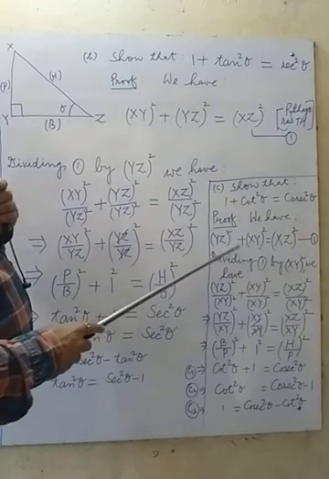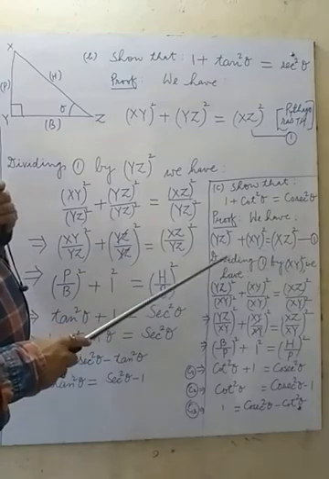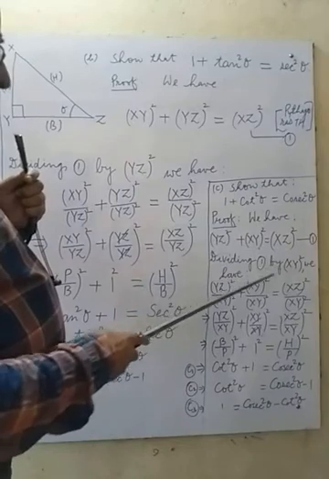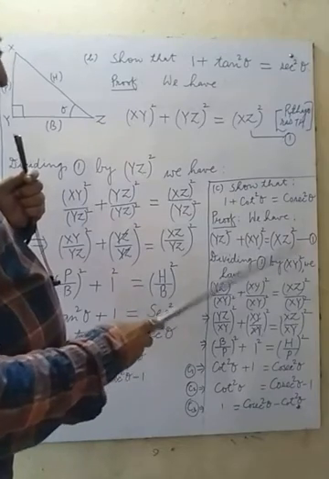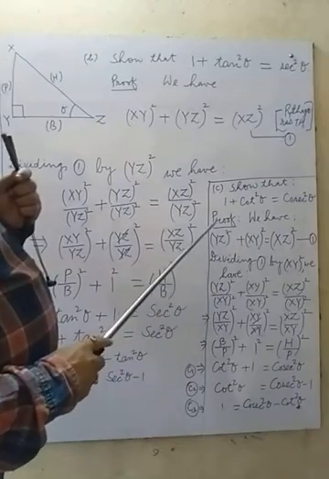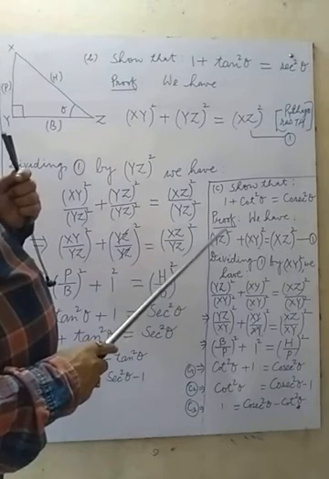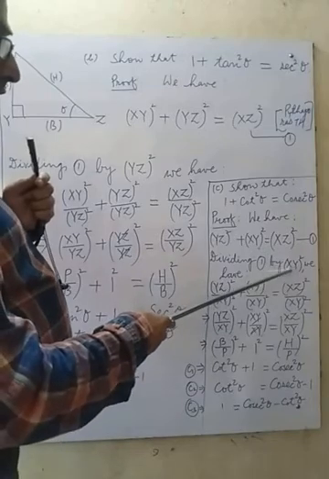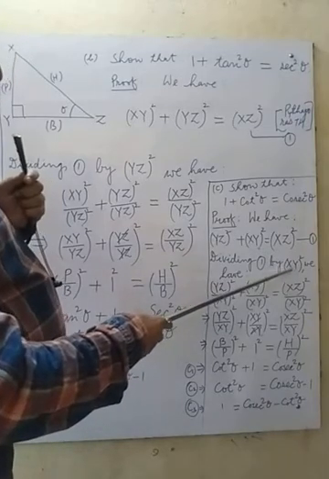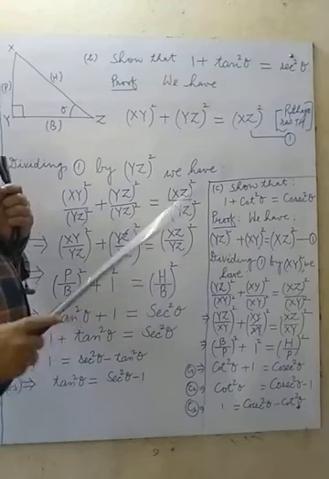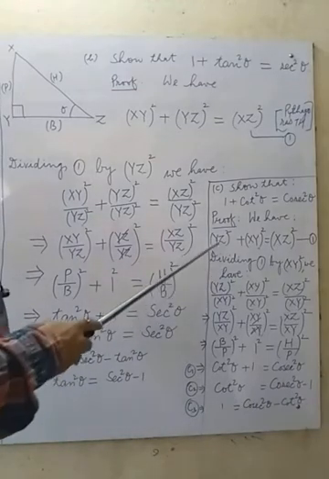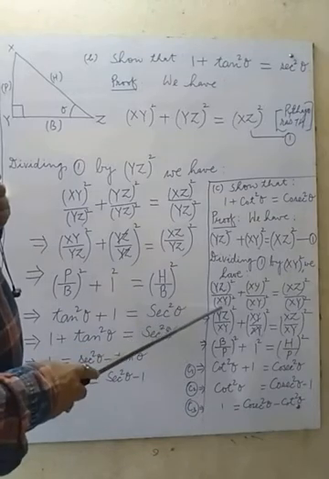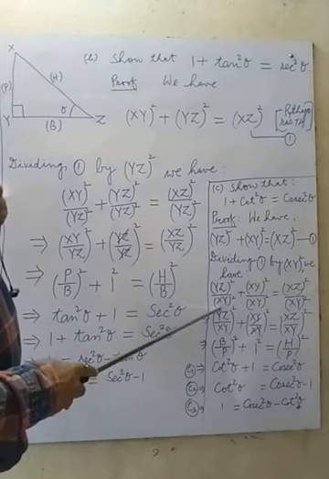So we have to select a particular place. Now dividing the equation by which one? Xy whole square. Dividing means the left hand side will be divided as well as the right hand side with the same fixed quantity, and that is xy whole square. Now first we divide the left hand side: yz whole square is noted down and it is divided by xy whole square.